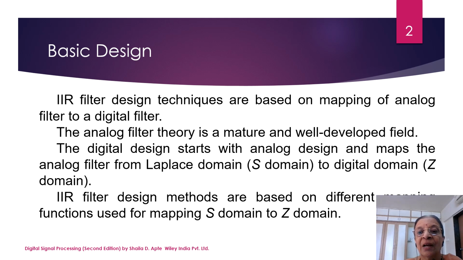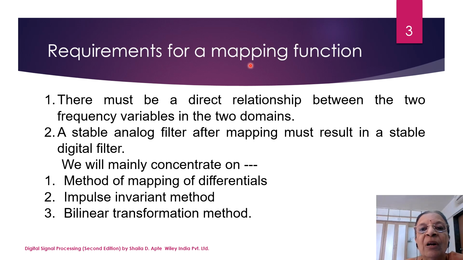These IIR filter designs are based on different mapping functions, and depending upon the mapping function, they have different names. Now, requirements of a mapping function: how should the mapping function be? There has to be a direct one-to-one relationship between the S domain and the Z domain. It can be one-to-one in the ideal situation, or it can be many-to-one.